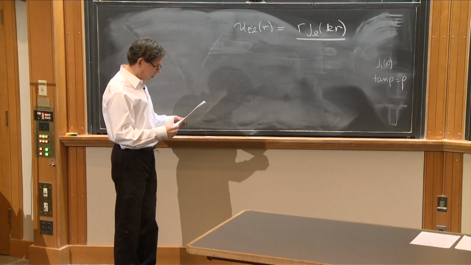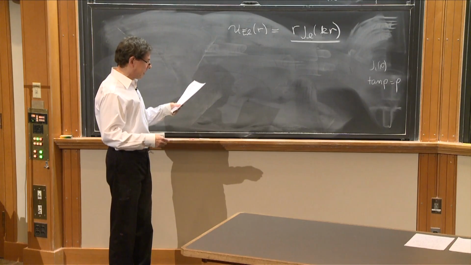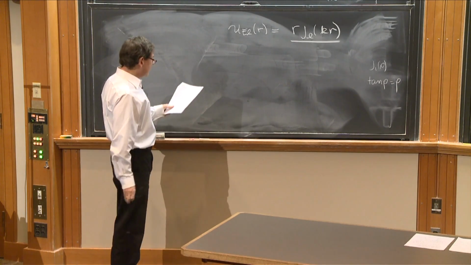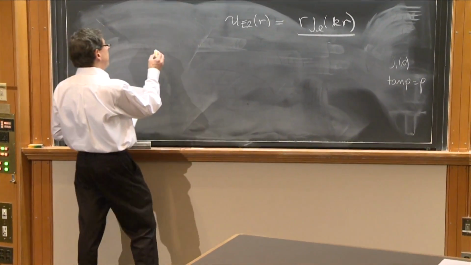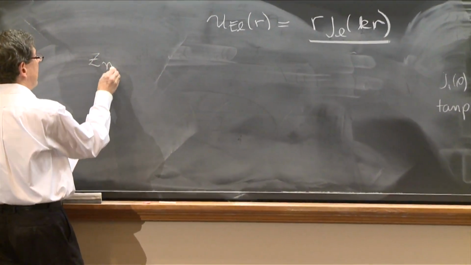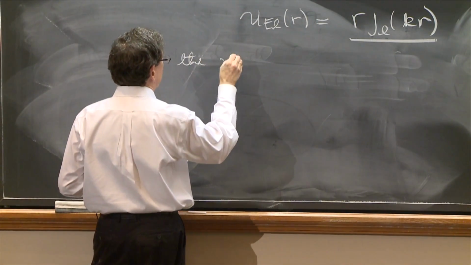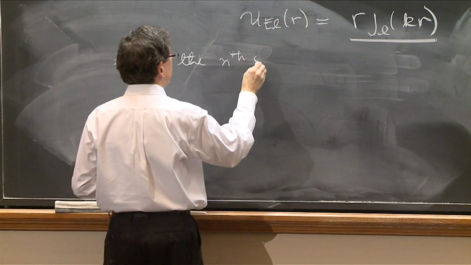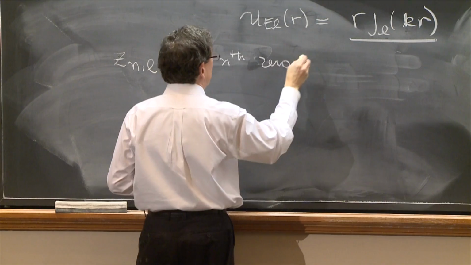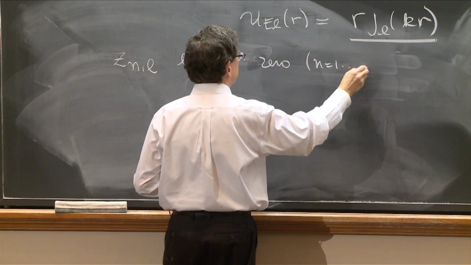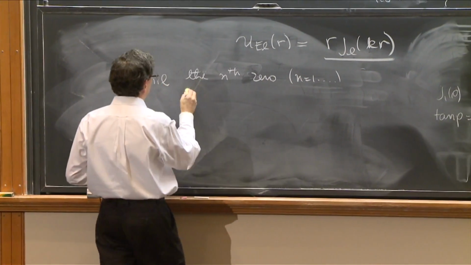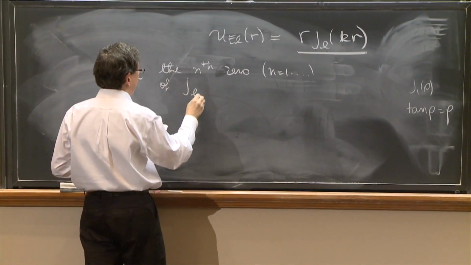Little programs that do it on the web and give you directly those zeros. So how are they defined? Basically, people define Z_nl to be the nth zero, with n equals 1, like that, of j_l.